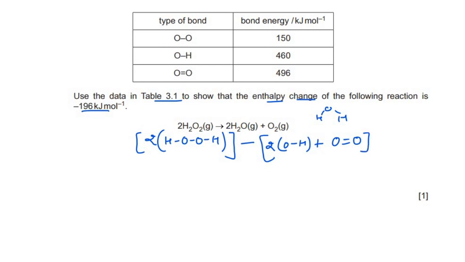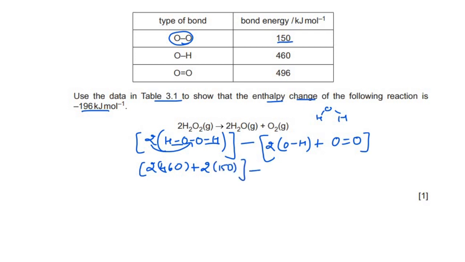So if we want to calculate, this is how we are going to substitute the values. 2 into, you can say 2 bonds of OH are here. So 2 into 460, plus again this 2 goes for one more bond, that is O single bond O. So let's write that also, 2 into the O single bond O bond energy, that is 150.